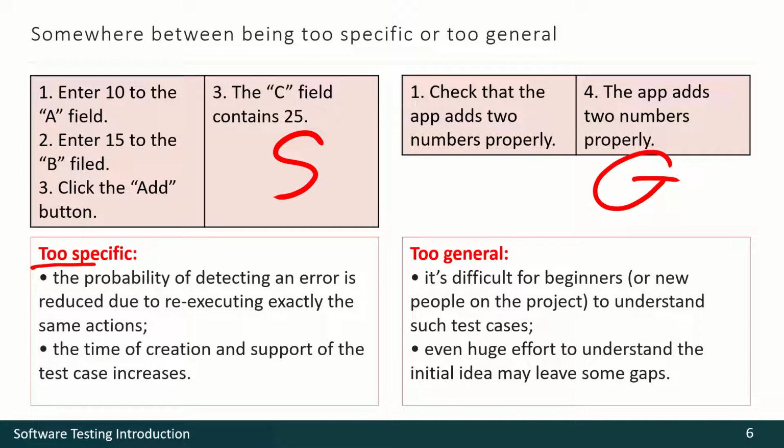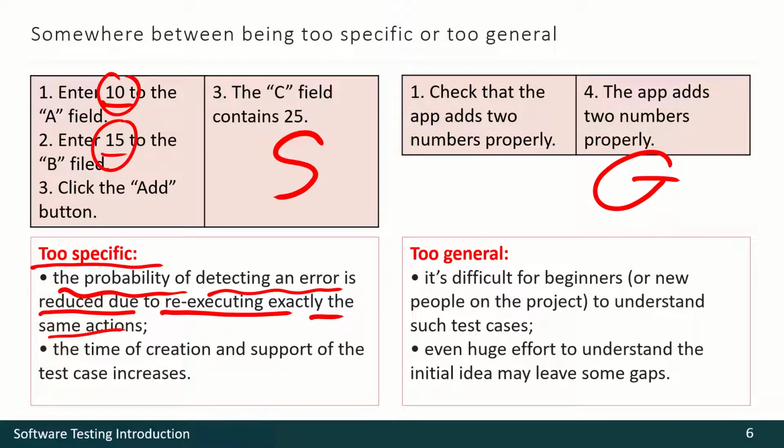With a too specific test case, the probability of detecting an error is reduced because we are executing exactly the same actions. See here, we have exactly the same numbers and we are using them again and again. And if we have a huge specific test case, the time of creation and support of such a test case extremely increases.